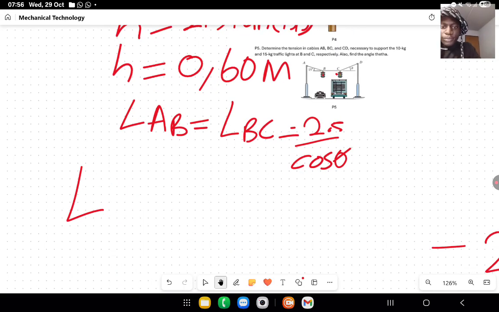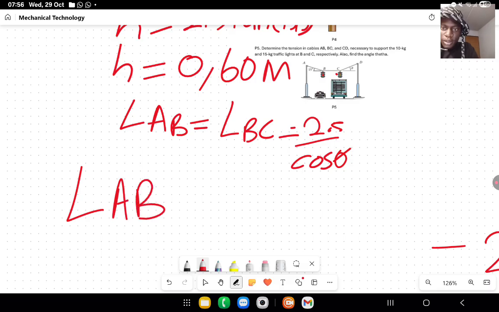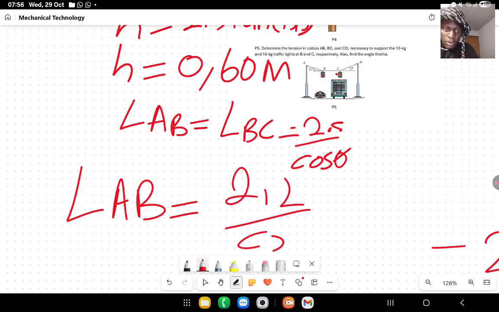LAB is going to be 2.5 divided by cos. Now we know our angle is 13.5.